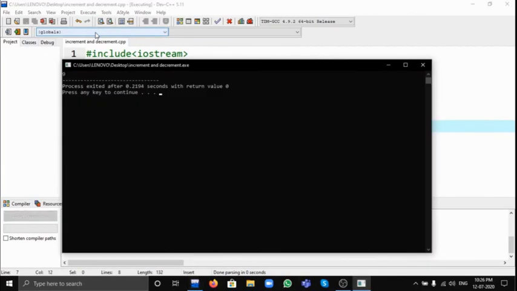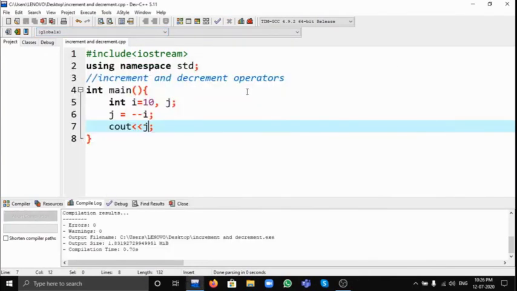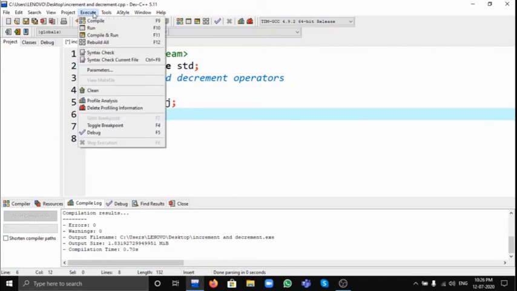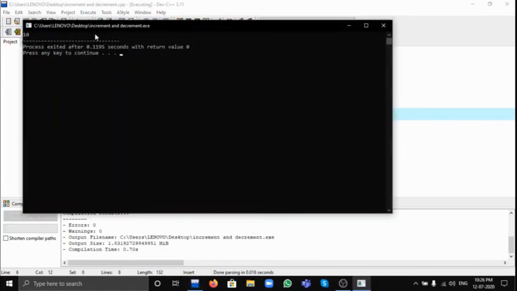If you said 9, then you are correct. All right. And now what will happen if I put this symbol after i? I want you to tell me the answer. Just think about the answer. If you said 10, then you are correct.